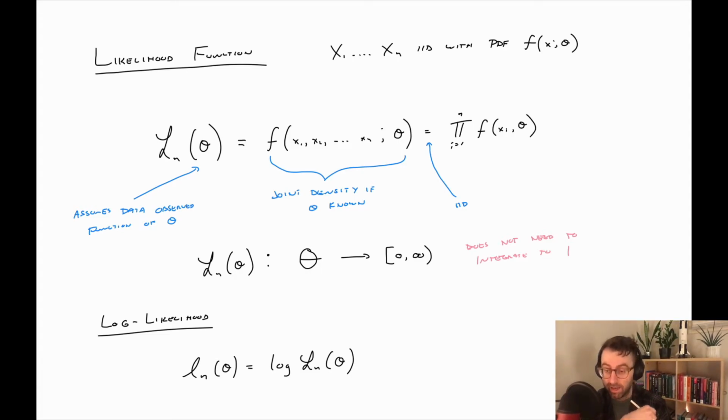It is a likelihood, so it does not need to integrate to 1. I should say we're talking about densities here, but this also applies for mass functions. They're not probabilities, so we don't need things to integrate or sum up to 1.